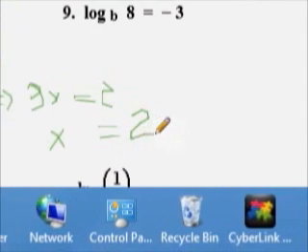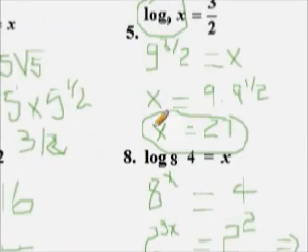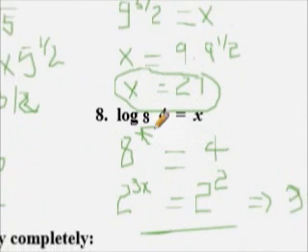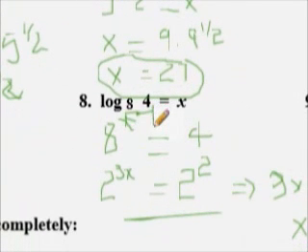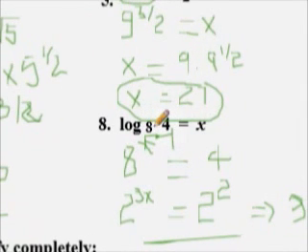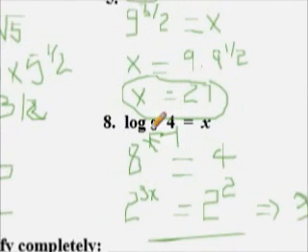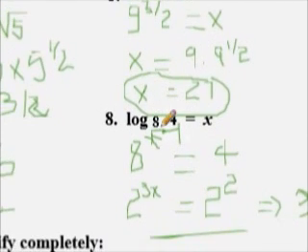That's the final result. But you know, for this example, log base 8 of 4, you really can try to use your calculator, but not all scientific calculators have these functions where you can change the base. Some of them have it.